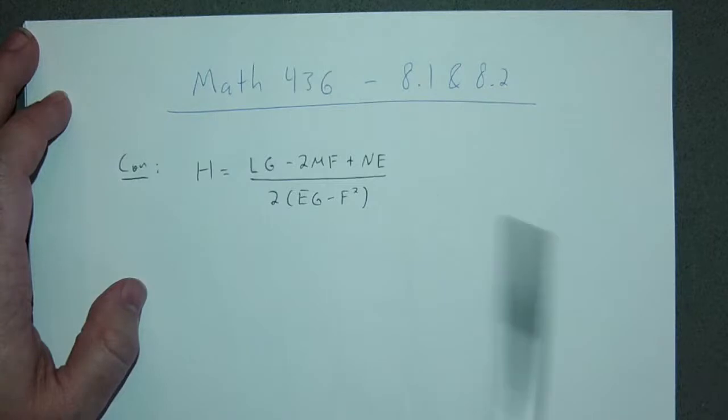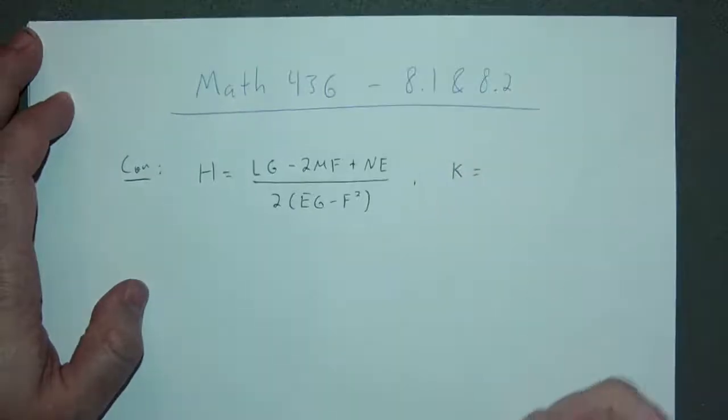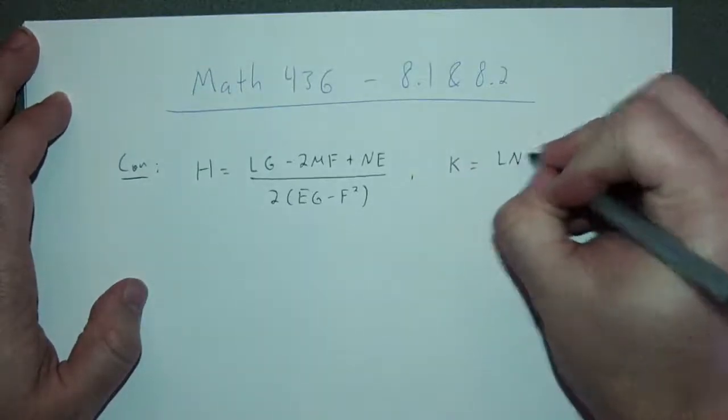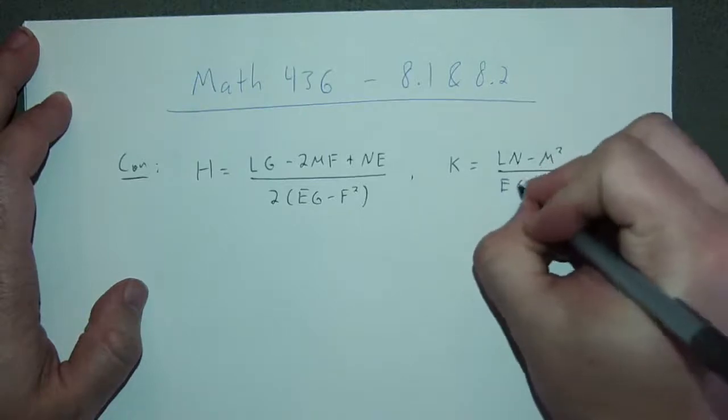So E, F, G, L, M, N are as usual from the first and second fundamental forms. And the Gaussian curvature K is (LN minus M squared) over (EG minus F squared).